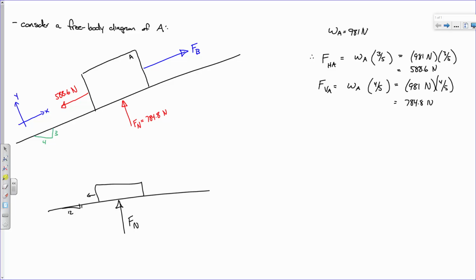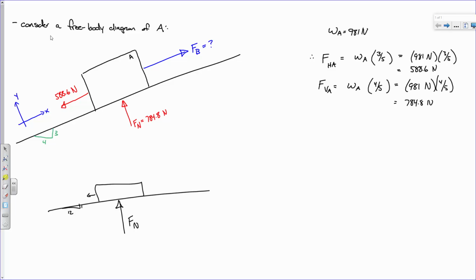Make sense? And ultimately, that's sort of what I'm trying to figure out. I'm trying to figure out what this force is, the force that's going to cause that block to start moving. Now, am I forgetting anything?